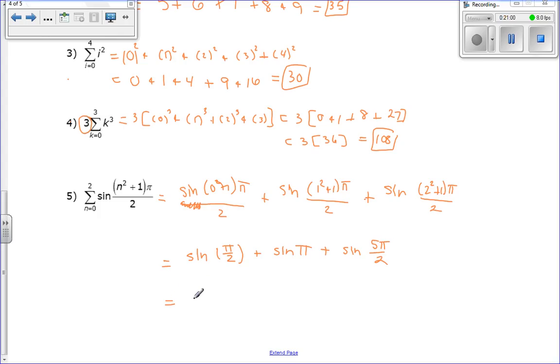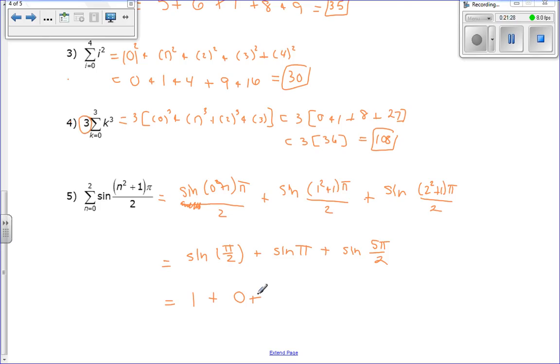We would have the sine of 90, which is 1, plus the sine of 180, which is 0, plus the sine of 5 pi over 2. Well, 4 pi over 2 would be 2 pi, so that'd be the same thing as 360.